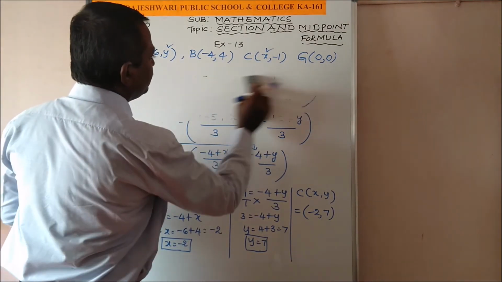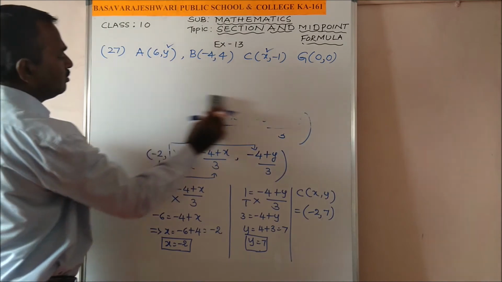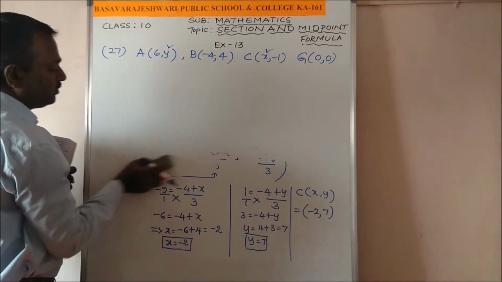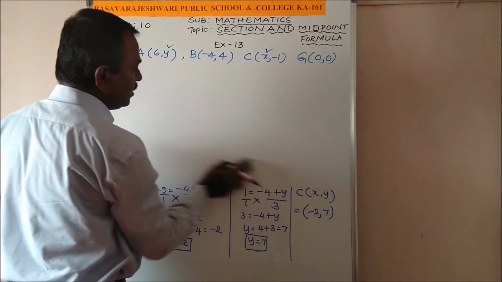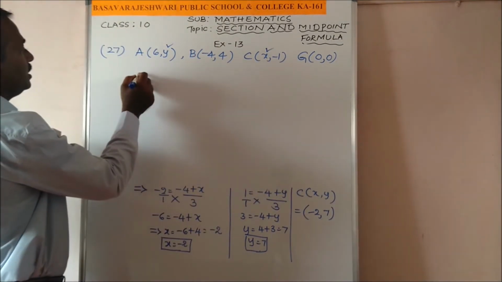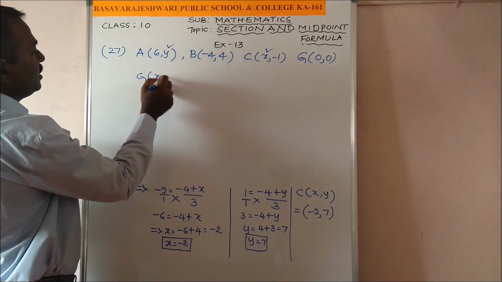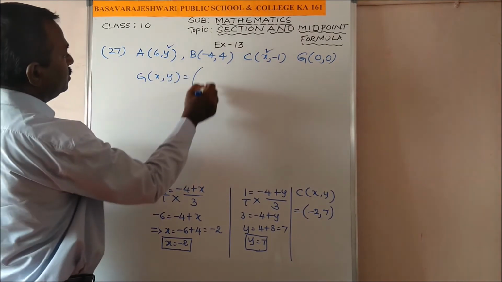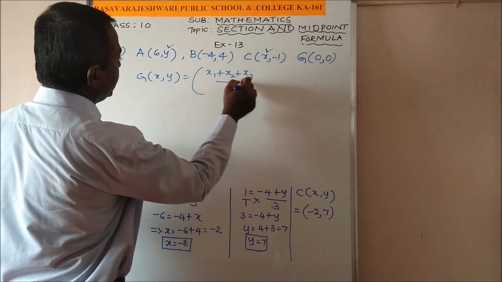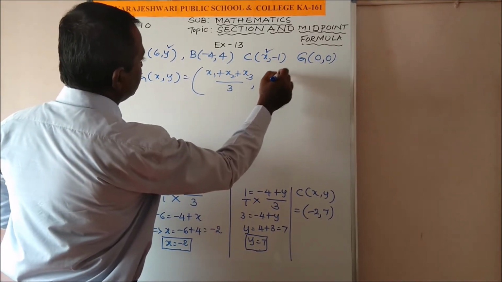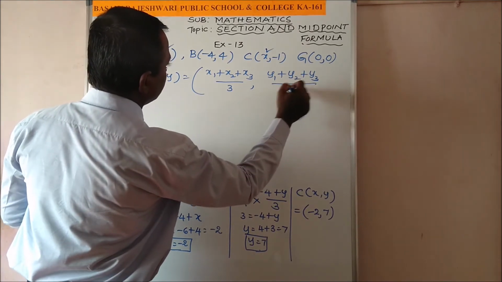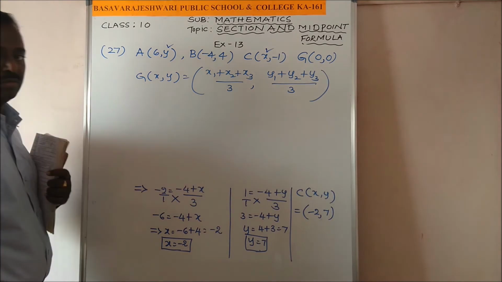Since the centroid is given, we already know which formula to apply. Which formula? The centroid formula only. How to find the centroid? G(x, y) = ((x1 + x2 + x3)/3, (y1 + y2 + y3)/3). Correct? This is the formula.